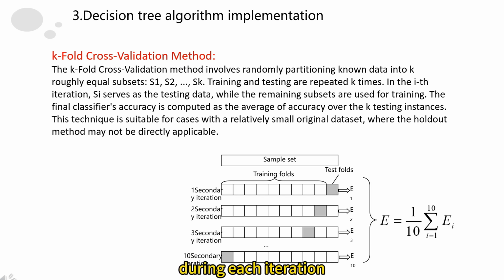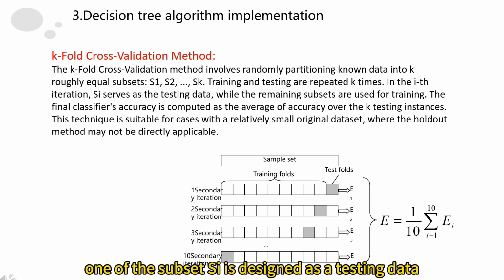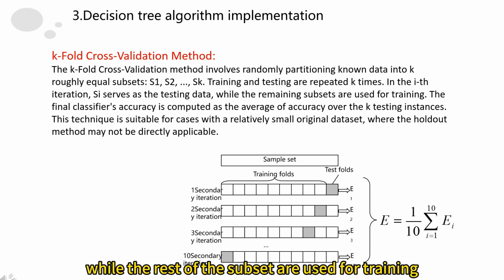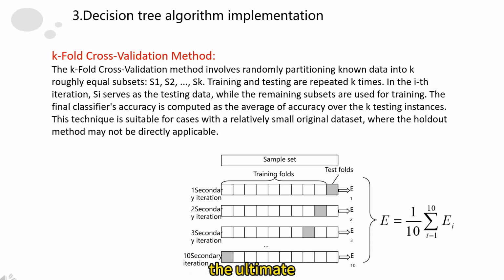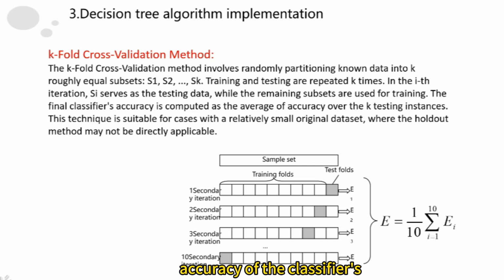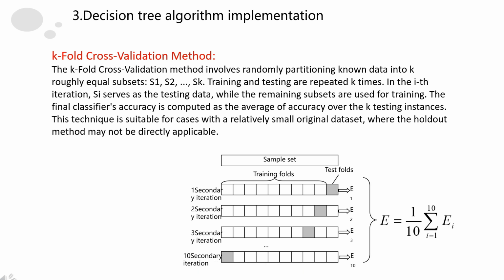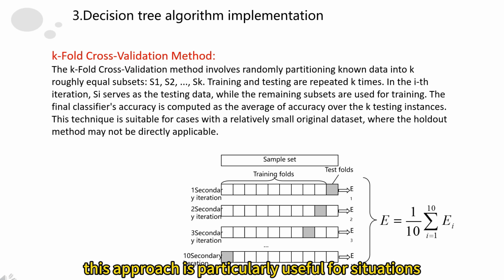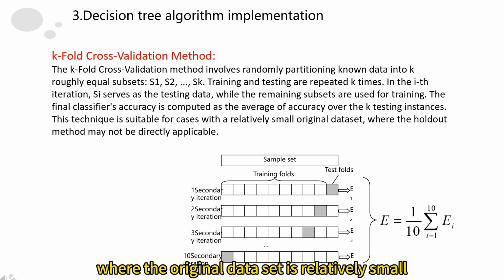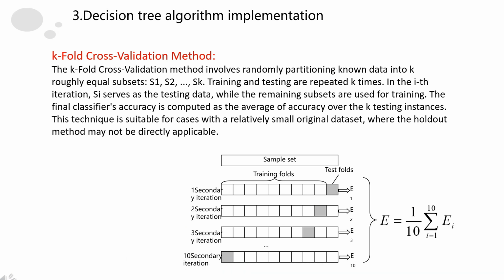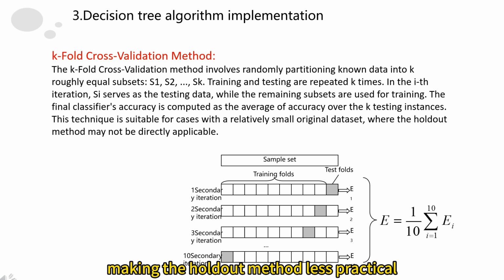In each iteration, one of the subsets is designated as the testing data, while the rest of the subsets are used for training. The ultimate accuracy of the classifier is calculated as the average accuracy across all k testing instances. This approach is particularly useful for situations where the original dataset is relatively small, making the holdout method less practical.